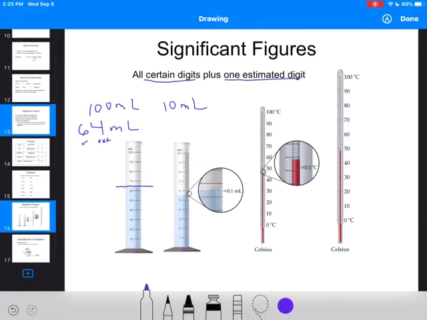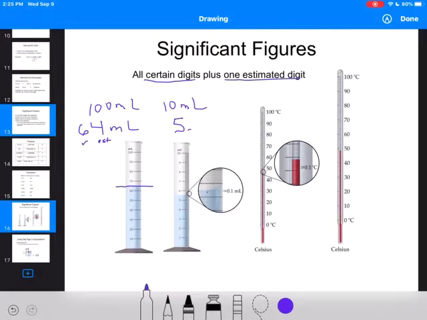So now let's consider our 10 milliliter graduated cylinder. If I take a look again at that same rule, I'm going to write down all the digits I know for sure. I know for sure the value is between 5 and 6, so I'm going to write down a 5 for the ones place. No problem there. Now we're going to look at this close-up view here, and we can see that the tenths place is actually delineated. There's 10 equal divisions in between. So as I count them, 1, 2, 3, 4, I want to say it's between 4 and 5.